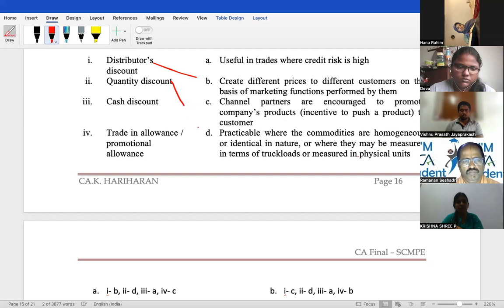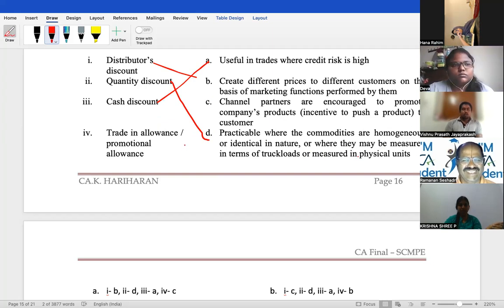Yes. D. Cash discount. A. Where the risk is high. Yes, sir. A. Trade discount. Channel partners promote the product, promotion. So, for the answer, A is the answer. Okay.